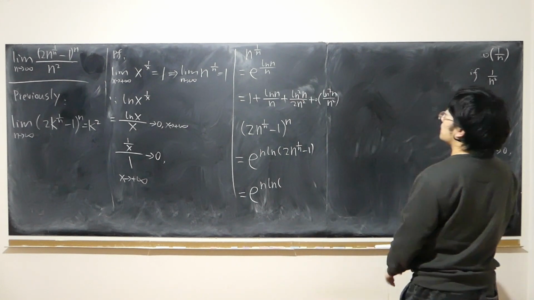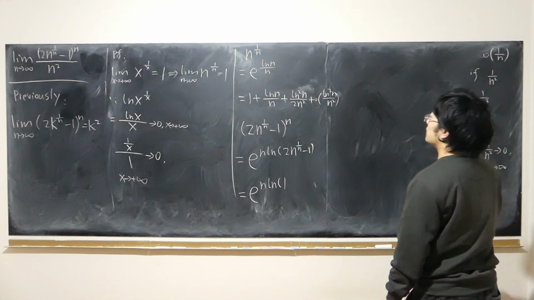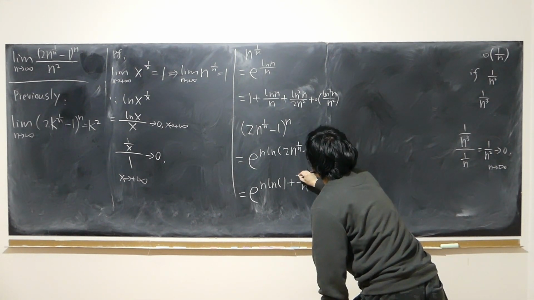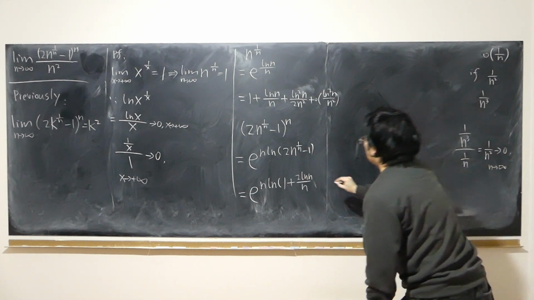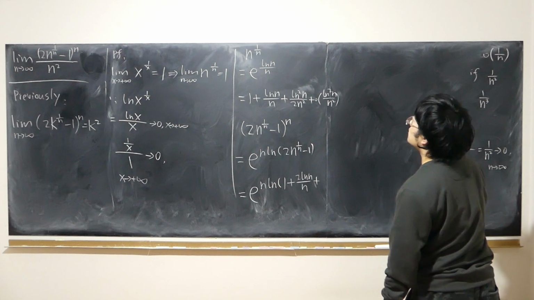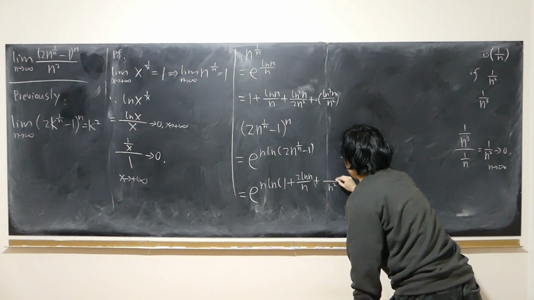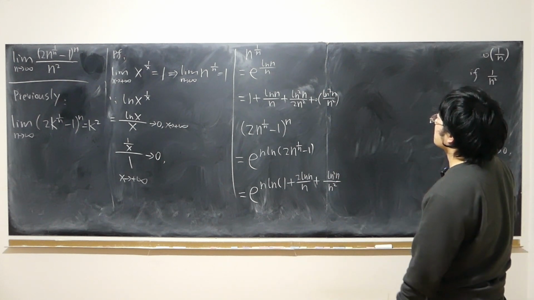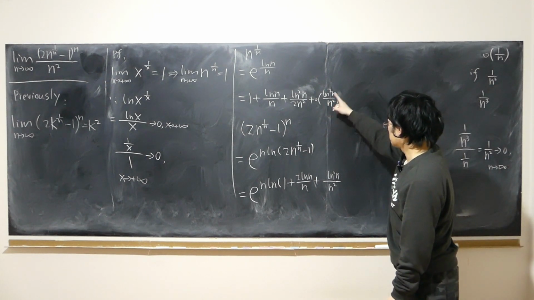So we still have 1 plus twice of log n over n, right? Twice of that, 2 and 2 cancel out. I have n squared and log squared. Right? Still have twice of little o.